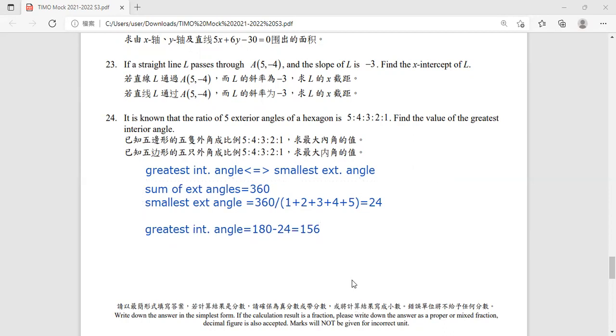Nothing special. I think this is a Form 2 question, but it's okay. Any questions?